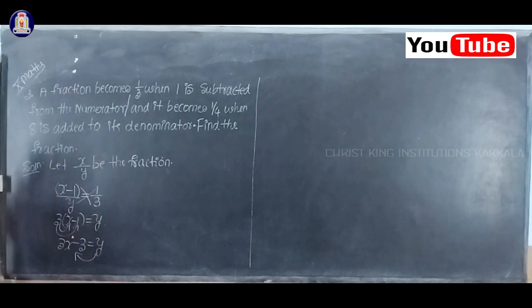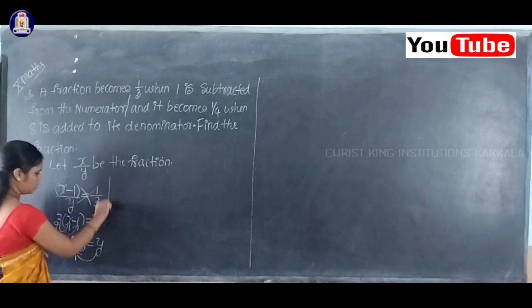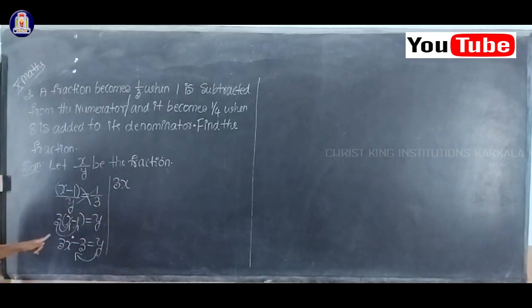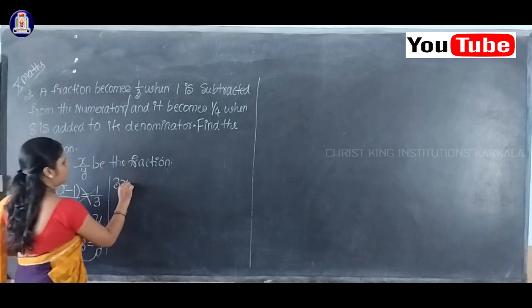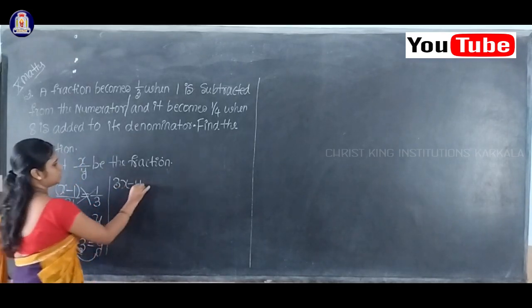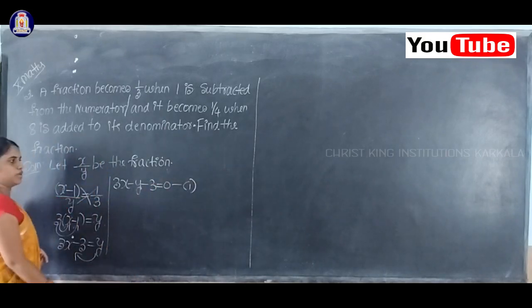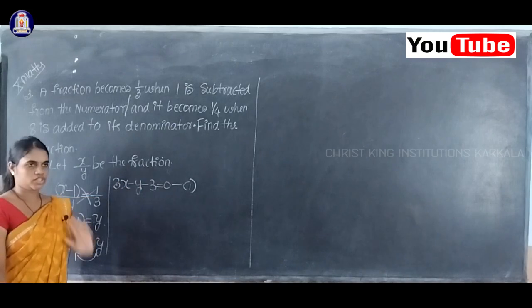Shift this y to the left hand side and it becomes minus y. So 3x minus y minus 3 equals 0. I'll consider it as equation number 1.